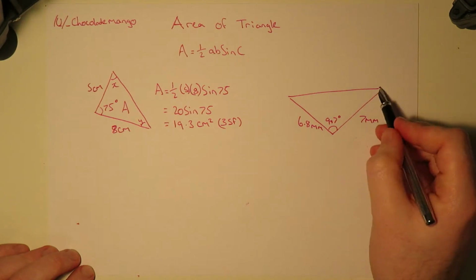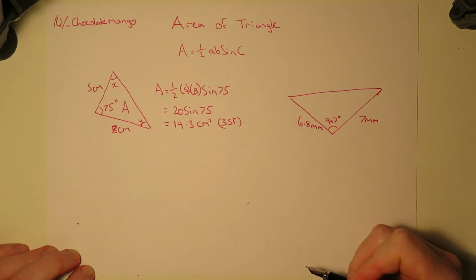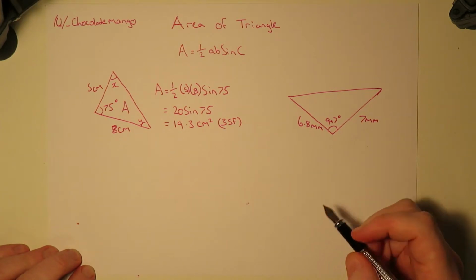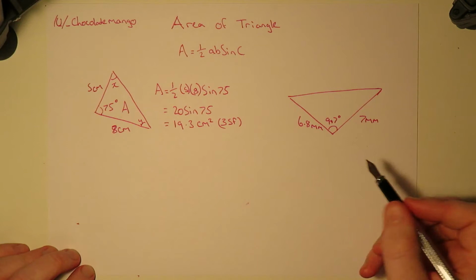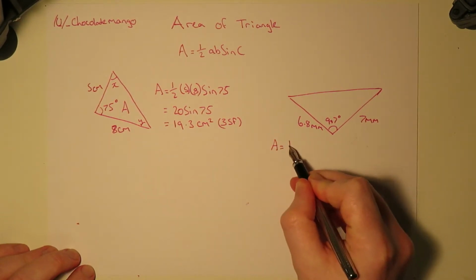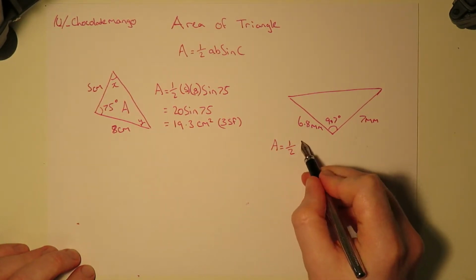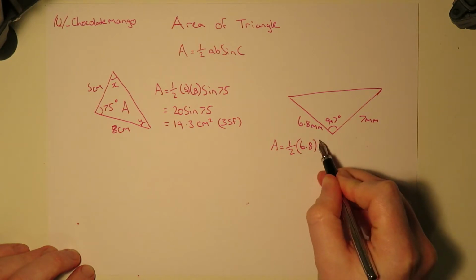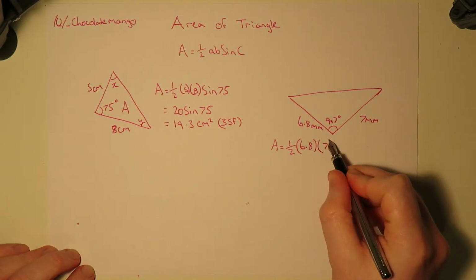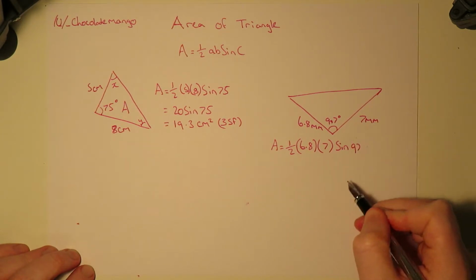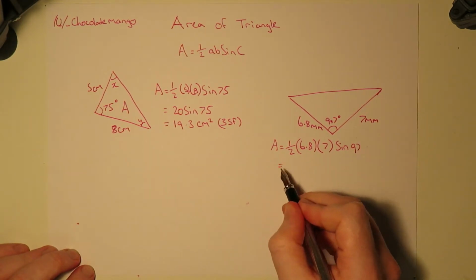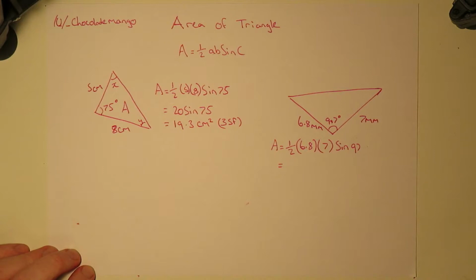With this question, pause the video, have a little go at that, and then we can go through it together. So the area for this is a half times this length, 6.8, multiplied by the other length, 7, multiplied by sine of the angle, 97. And then you use your calculator.